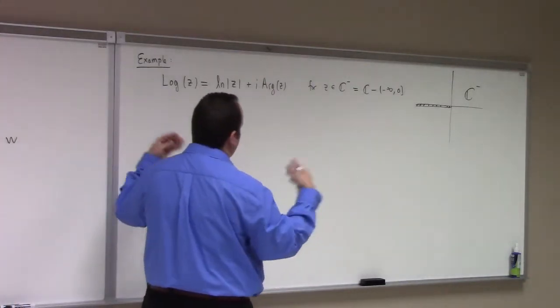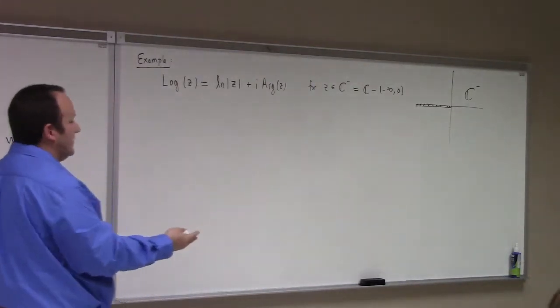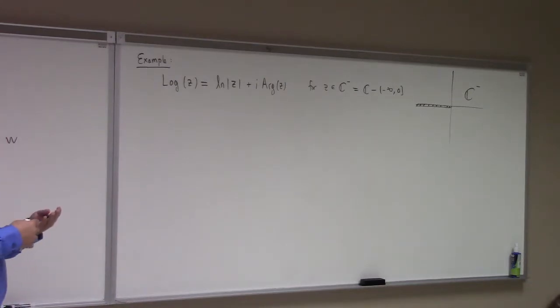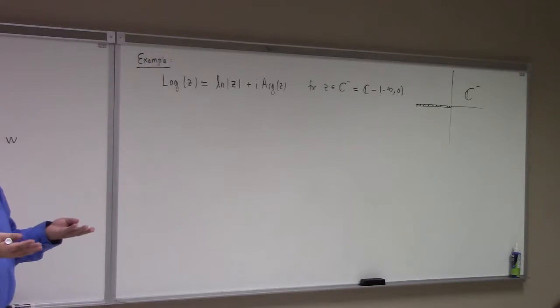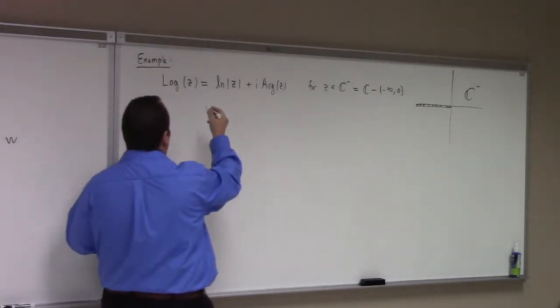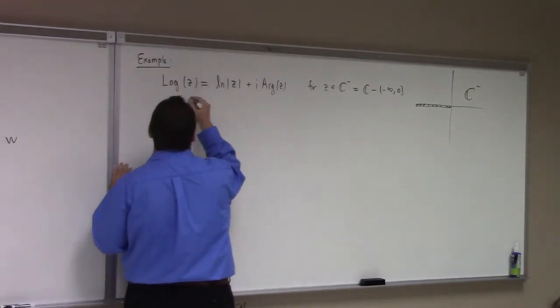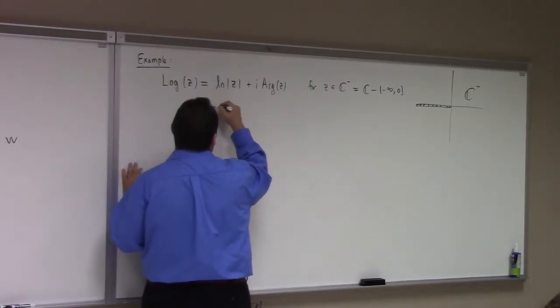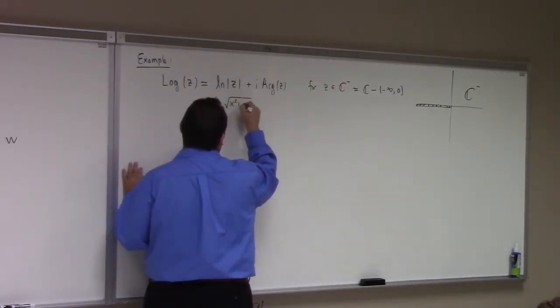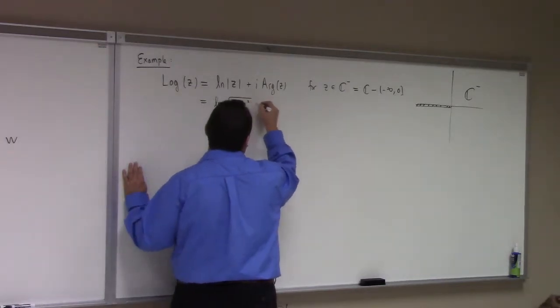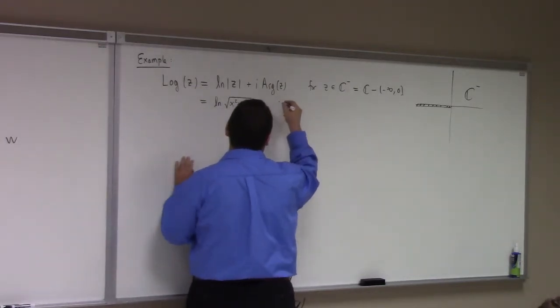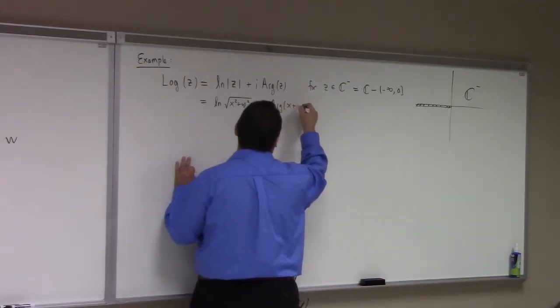Okay, so then in order to apply the Cauchy-Riemann equations, we need to identify what are the component functions of a logarithm. So what are they? For z equal x plus iy, we've got natural log of the square root of x squared plus y squared, plus i times, I'll say the argument of x plus iy for the moment.